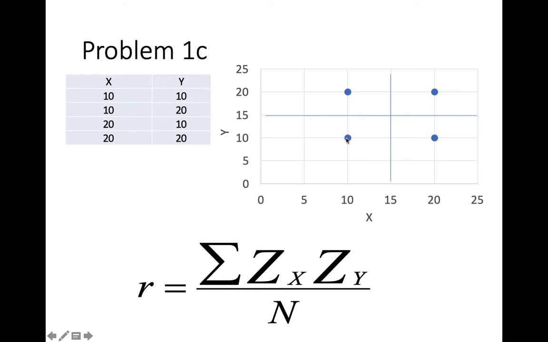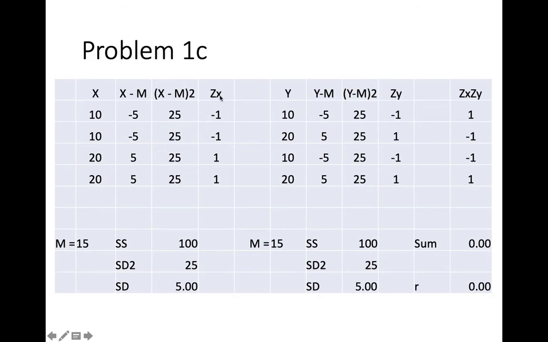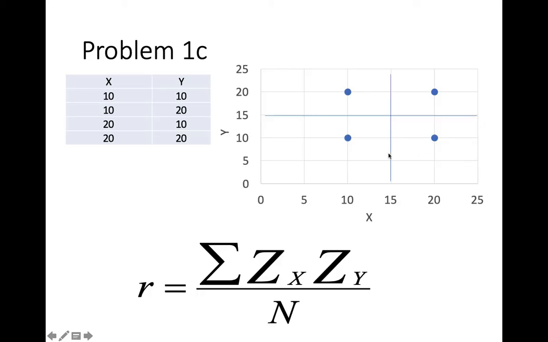But again, that's just because we're below the mean on X by 1 standard deviation and below the mean on Y by 1 standard deviation. So if you're below the mean on X and Y, you're going to end up with that positive cross product, which contributes to a positive correlation. But we've got the positive cross products getting canceled out perfectly by the negative cross products, resulting in 0 correlation.